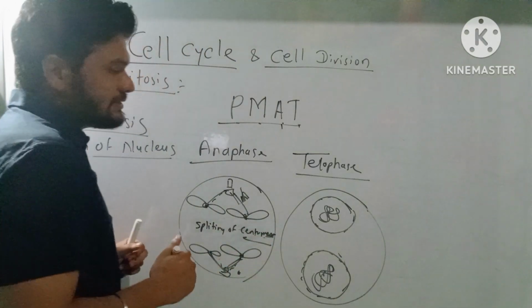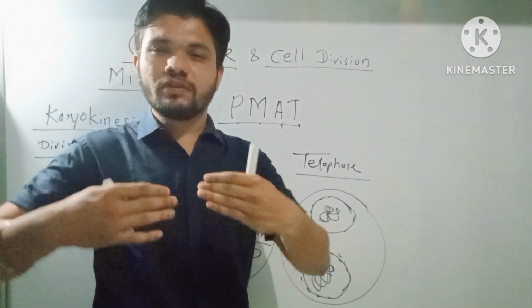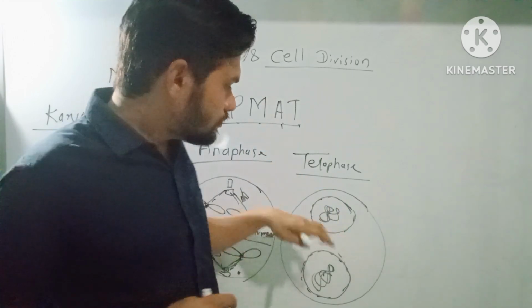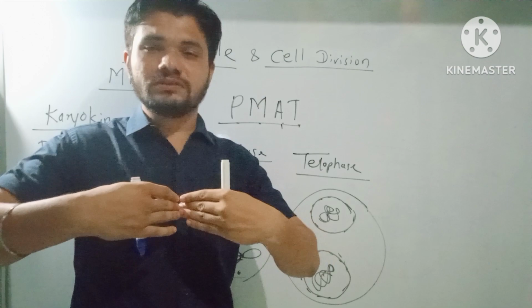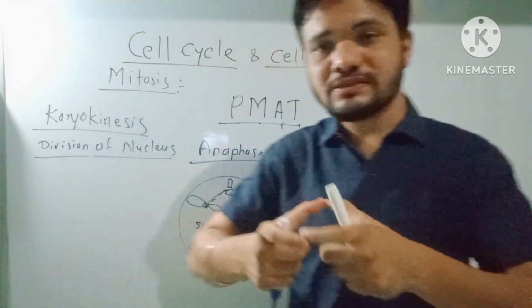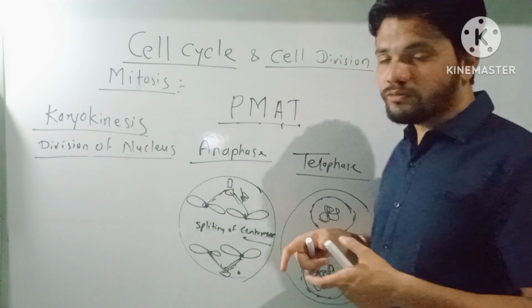The animal cells don't have a cell wall, and the furrow forms between two cells. Suppose this is the cell which has produced two daughter nuclei.